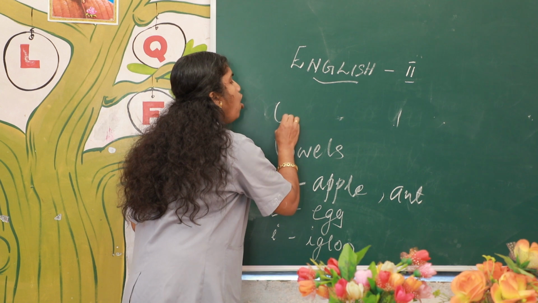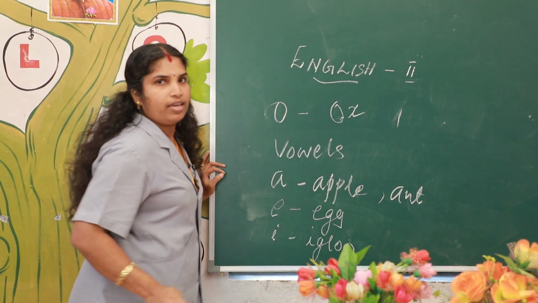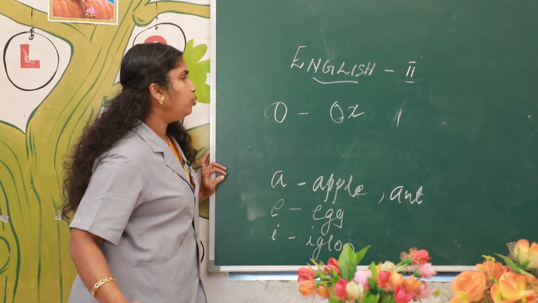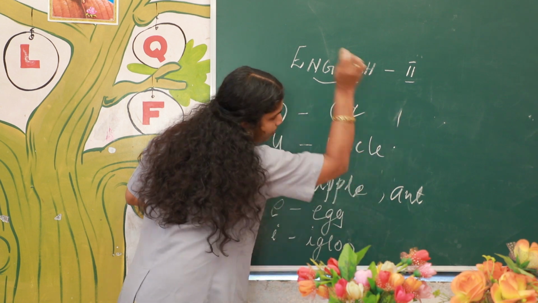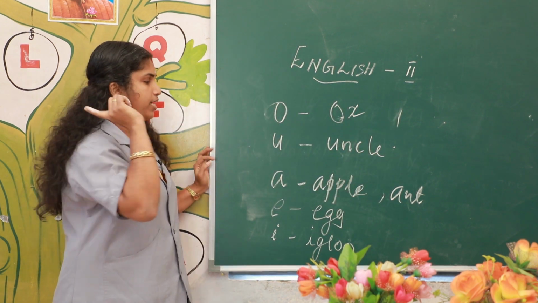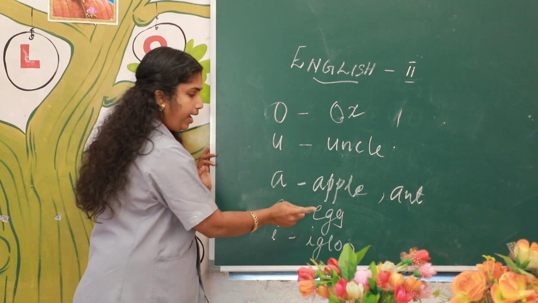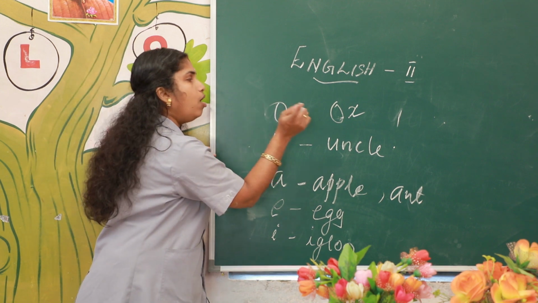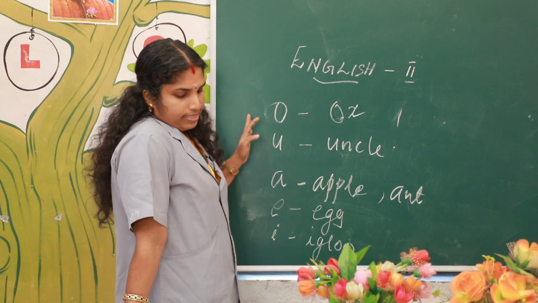Next word, O, ox. The next and last word, U, uncle. First one, A, apple. E, egg. I, igloo. O, ox. U, uncle.